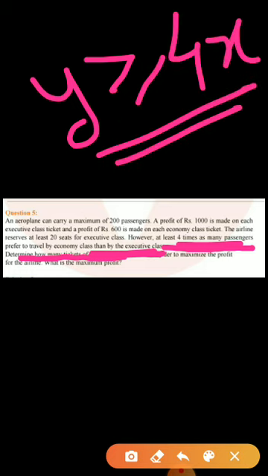This is the main one. At least 4 times means minimum 4 times, so I have written greater than or equal to. That means 4 times of executive. Is this clear?